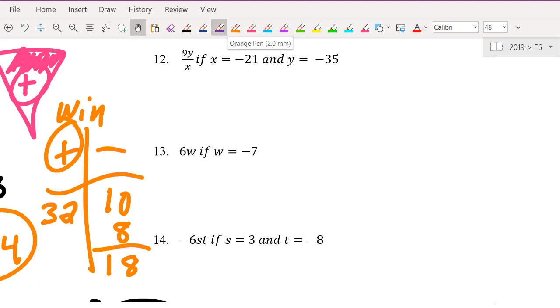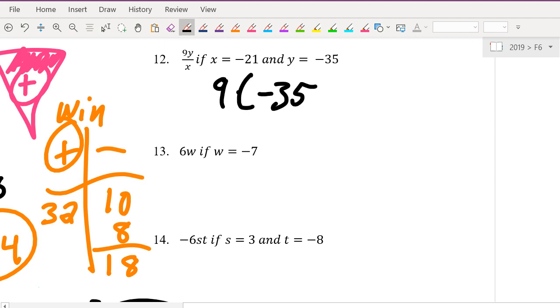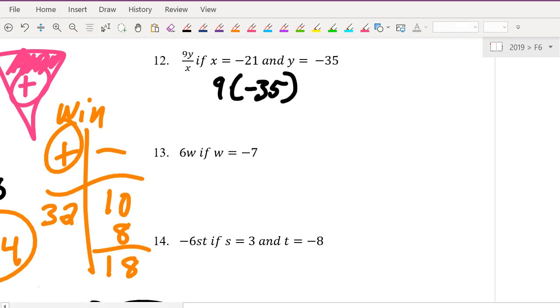Okay, 9 times y. What am I going to write down? 9 times negative 35. I'm going to put it in parentheses, so that helps me with my signs. Over negative 21.